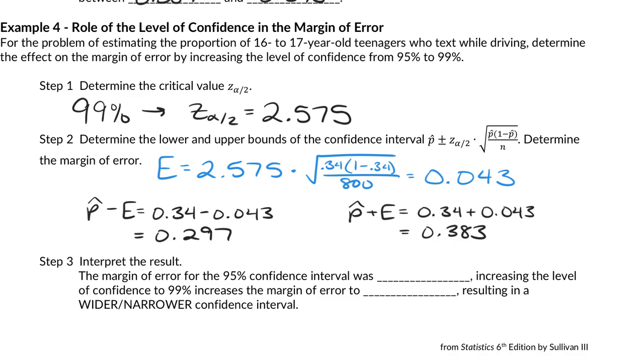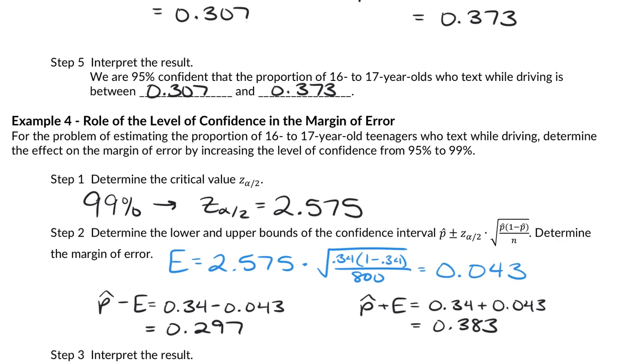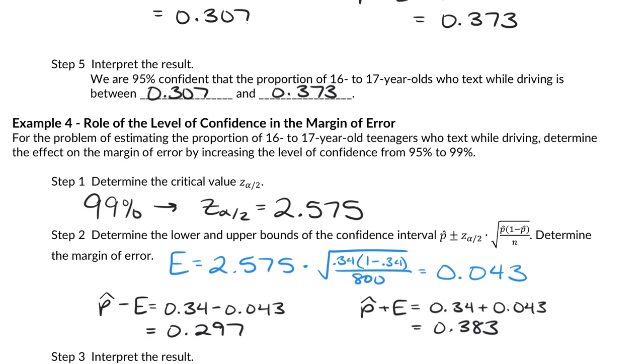So if we compare those numbers, comparing our lower and upper bounds, what do you notice? Comparing this lower bound to this lower bound, what do you notice? That one's smaller. What about this one to this one? That one's bigger.